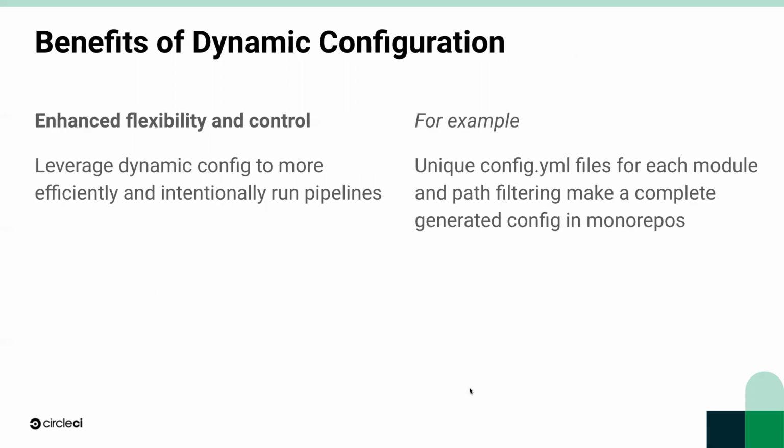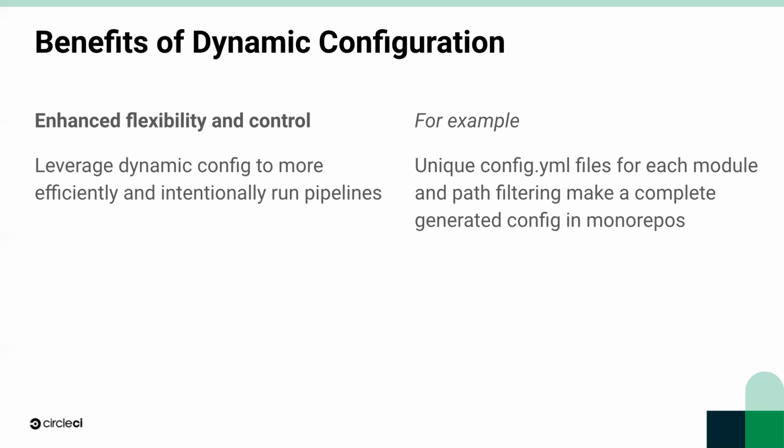By enabling dynamic config, you can run a targeted subset of your configuration when a pipeline is triggered, rather than running all of your workflows and jobs within the pipeline every time. That means enhanced flexibility and control. You can leverage dynamic config to more efficiently and intentionally run pipelines.